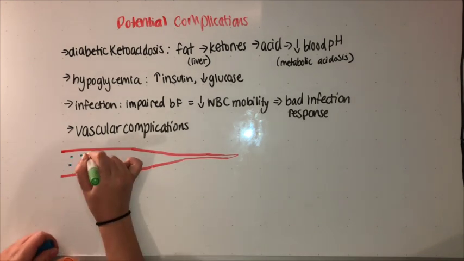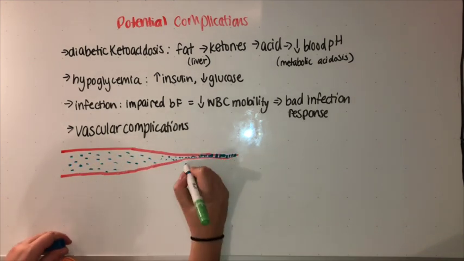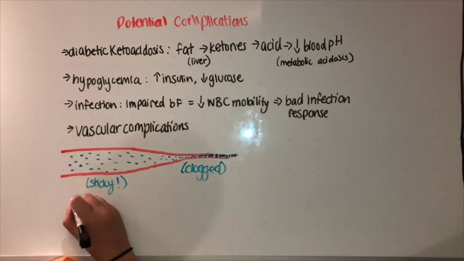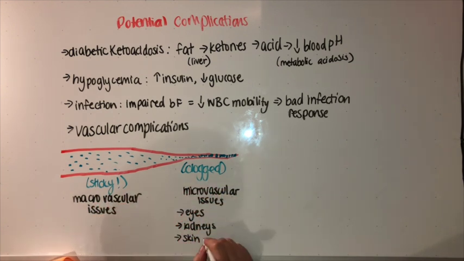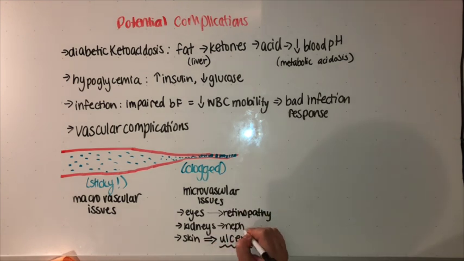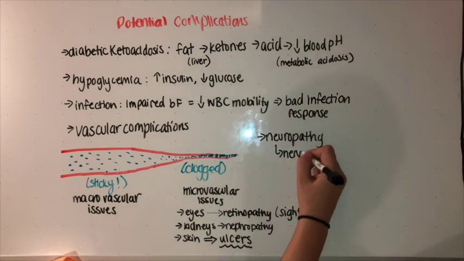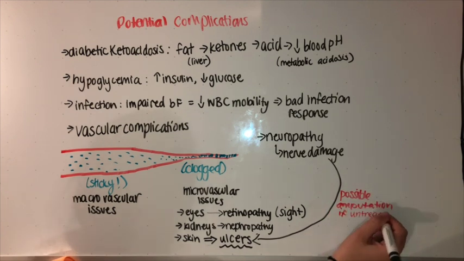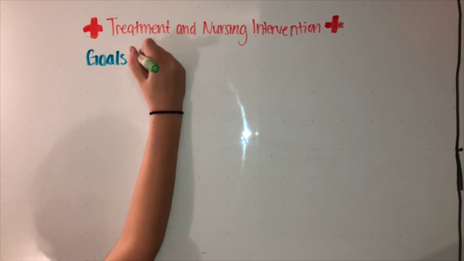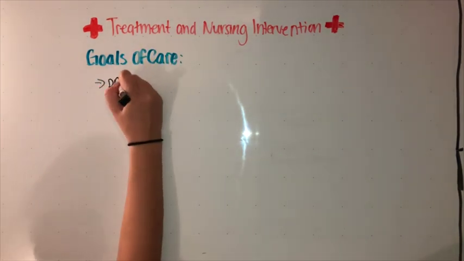Some vascular complications, so because your glucose is so sticky in those smaller vessels, it's going to get stuck, and that's going to compromise blood flow. So you can have macrovascular issues and microvascular issues. This can result in ulcers, retinopathy, and nephropathy, because those are very small vessels that you're going to find in your skin, eyes, and kidneys. And then you can also have neuropathy, which can also contribute to diabetic ulcers, and if not treated, it can result in amputation.